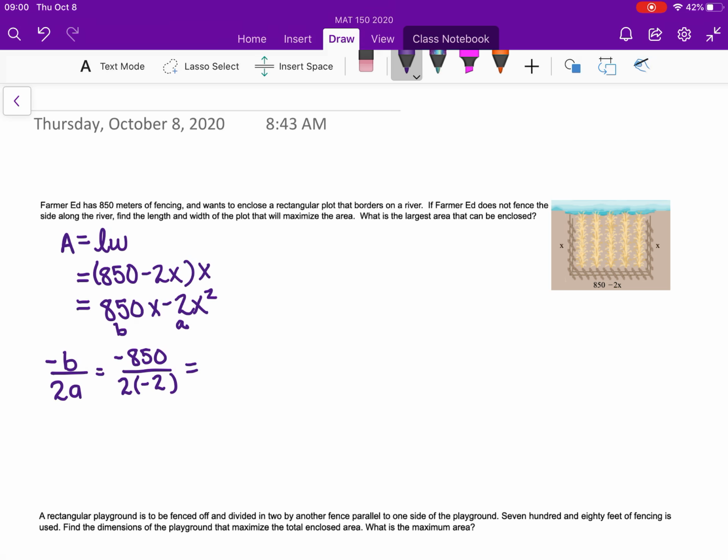I get 212.5. And so that is x. X is 212.5.